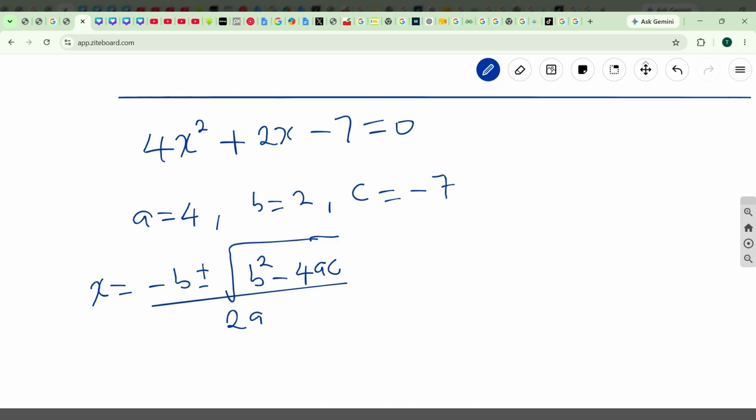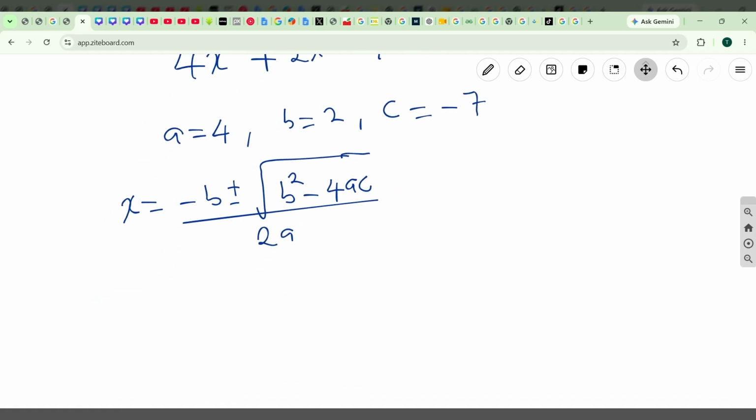What this means is when we substitute into that equation, we have that x is equal to negative b. Sorry, what's our b? Our b is 2, so negative 2, plus or minus b squared, that's 2 squared.